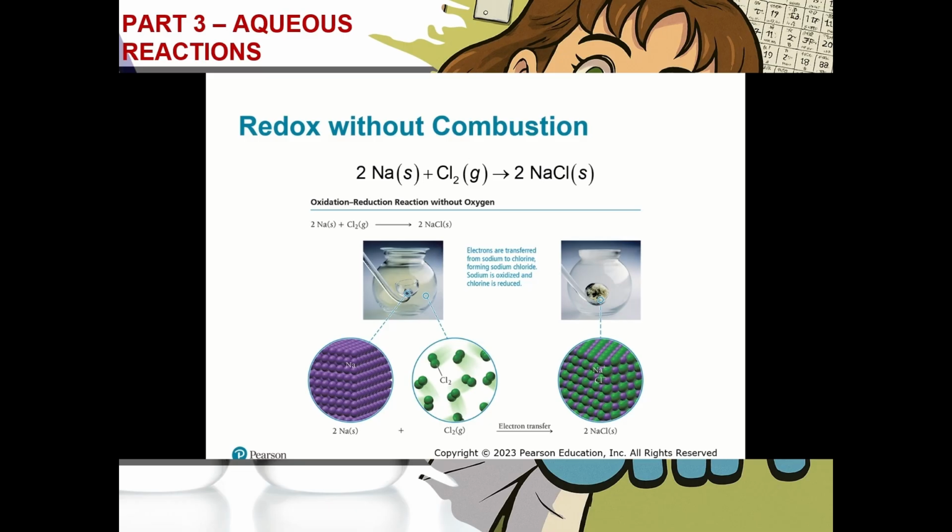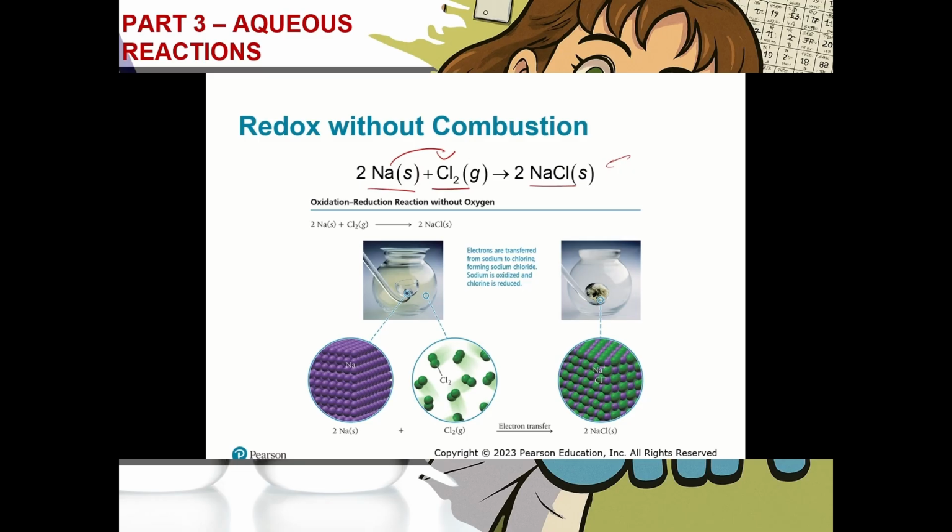In this example here, we have solid sodium, and I have chlorine over here. Also, we have a gas, chlorine, right? And we'll produce sodium chloride, a solid. So electrons are transferred from sodium to chlorine, forming sodium chloride.